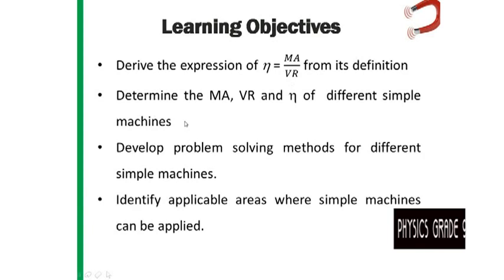You should also be able to determine the mechanical advantage, the velocity ratio, and the efficiency of different simple machines. You're also required to be able to develop problem-solving methods for different simple machines, as well as identify applicable areas where simple machines can be applied.